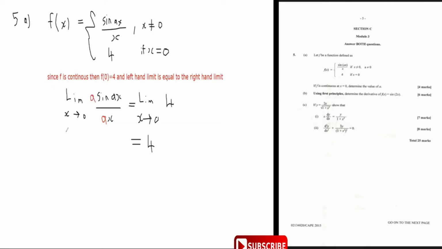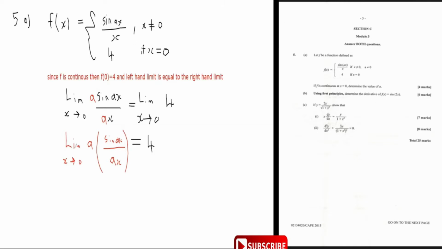Then look how we're going to write this now, as the limit as x approaches 0 of a times, in brackets, sine ax over ax. Now the limit as x approaches 0 of sine ax over ax is 1.